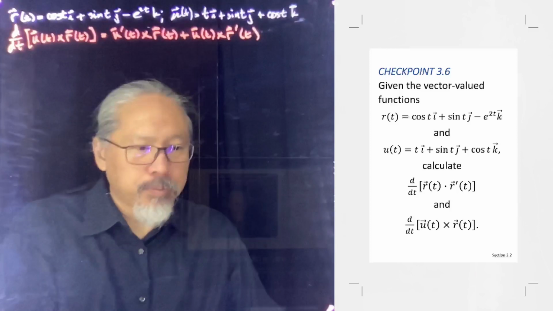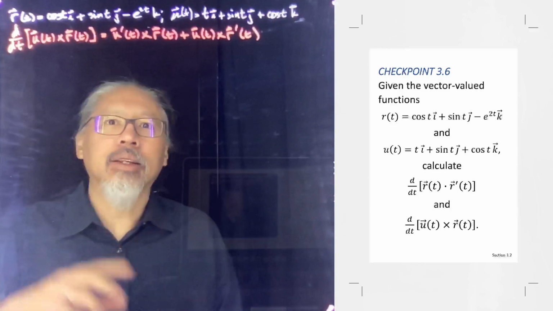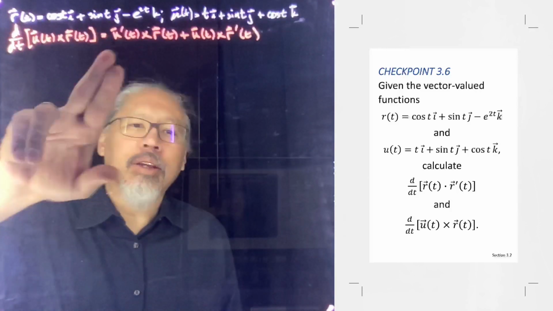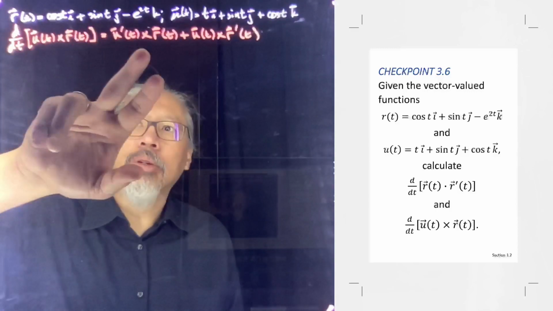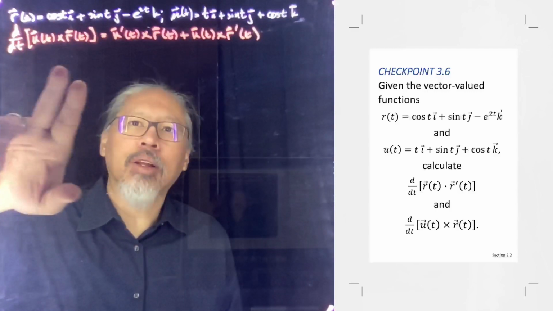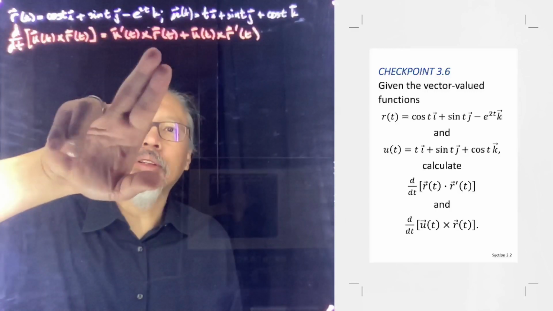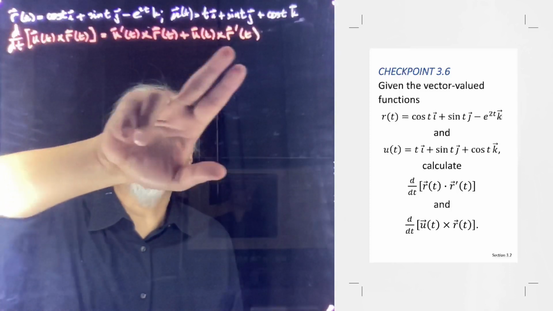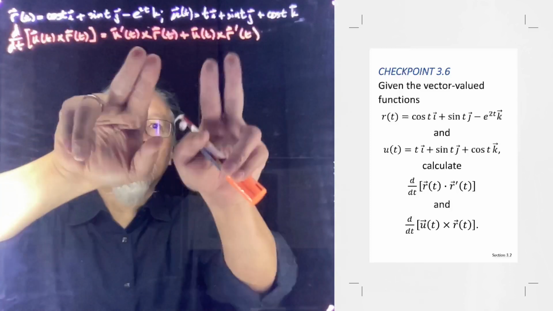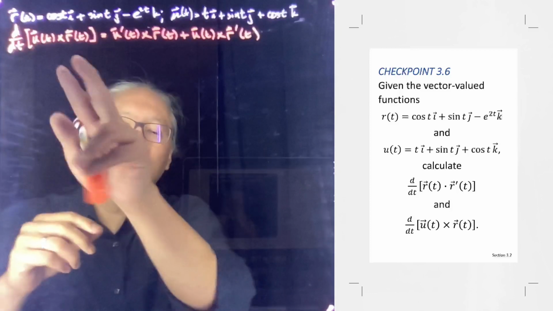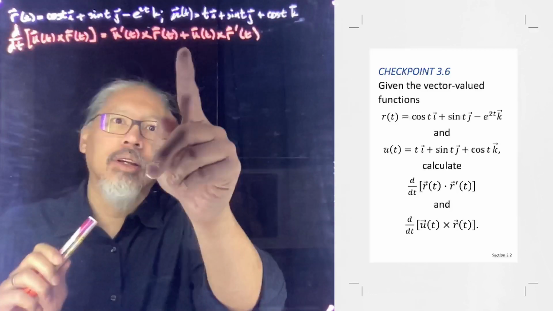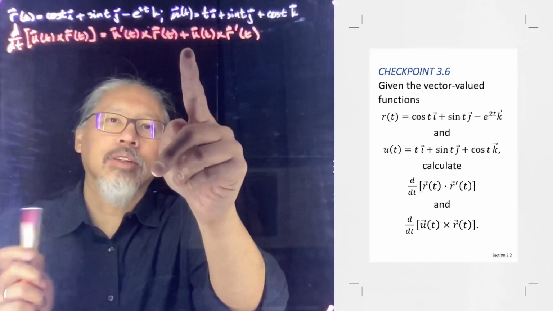All right, so to begin, we'll take advantage of this formula, the product rule for the cross product. It says derivative of the first cross the second plus the first cross the derivative of the second. Although the cross product itself is not commutative, the addition of vectors is commutative.